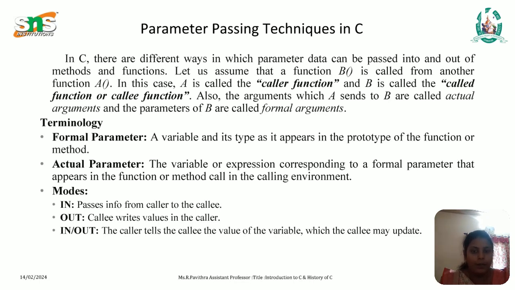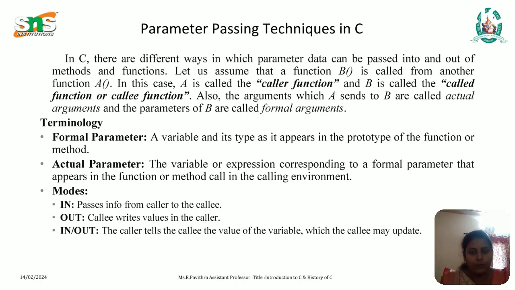The formal parameter is a variable and its type as it appears in the prototype of the function or method. The actual parameter is the variable or expression corresponding to a formal parameter that appears in the function or method call in the calling environment.